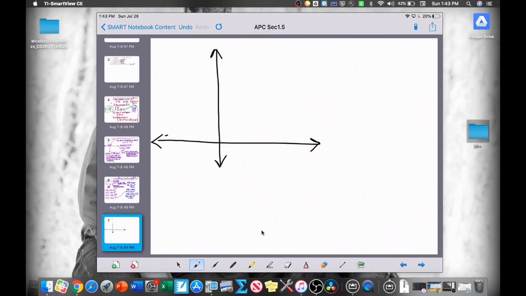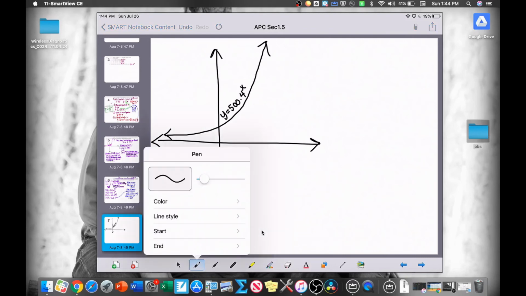This doesn't need to be perfect, but I know what exponential growth looks like, right? It looks like something like this. And I know that my curve here is y equals 500 times 4 to the x power. If I want to know when my population reaches 100,000, I am looking for when the y value of my curve is 100,000.